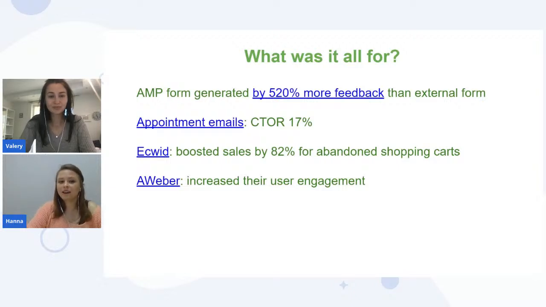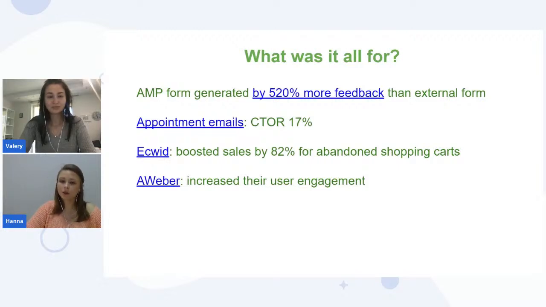We sent our feedback form and tried to understand which one works better, AMP HTML or HTML. And we found out that the AMP form generated 520% more feedback than the external form. I guess that's a pretty great result, and it shows that AMP actually works.